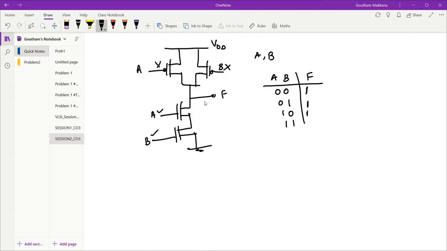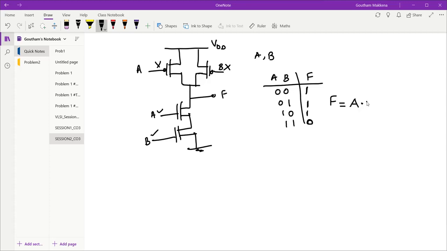What will happen now is because this is an NMOS and it is on, it passes a strong 0, and this is also an NMOS, this is also on, it passes strong 0, so the output is nothing but 0.